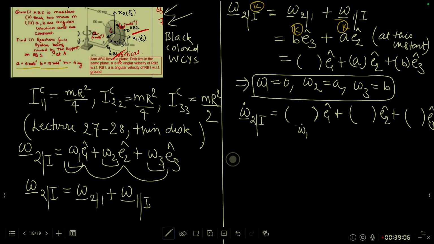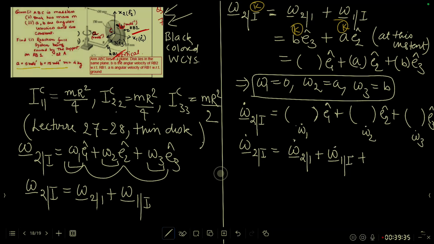And this is something I've done many times before during the kinematics part of the course. I am going to write this as omega 21 dot, plus omega 1i dot, plus omega 1i cross omega 21. Now pay attention to this. Omega dot 21 is 0.